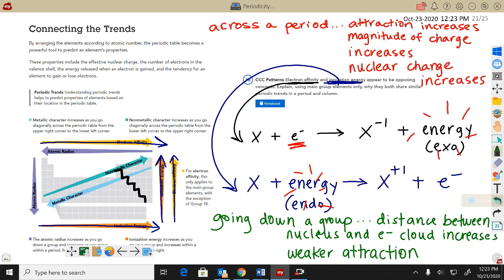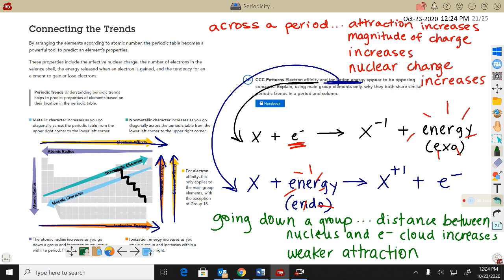But along the same lines, think about going down a group where you've got these big atoms and the attraction is already really weak. Do you think that they're likely to gain electrons? Probably not, right? These big guys down at the bottom have a hard enough time holding on to their own electrons. The chance that they're going to gain electrons is highly unlikely.